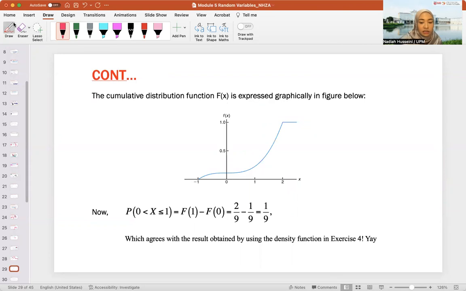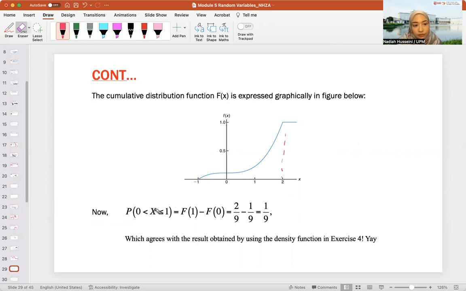Your curve exists only between the interval. This is how you plot it. You don't have to plot it. Usually it's given because it's quite complicated to plot the curve.